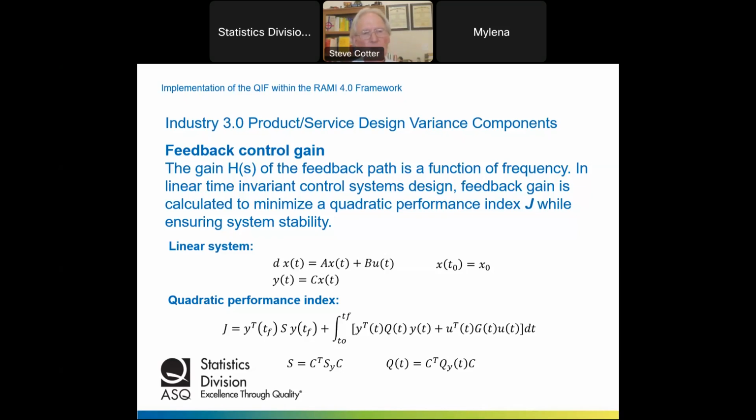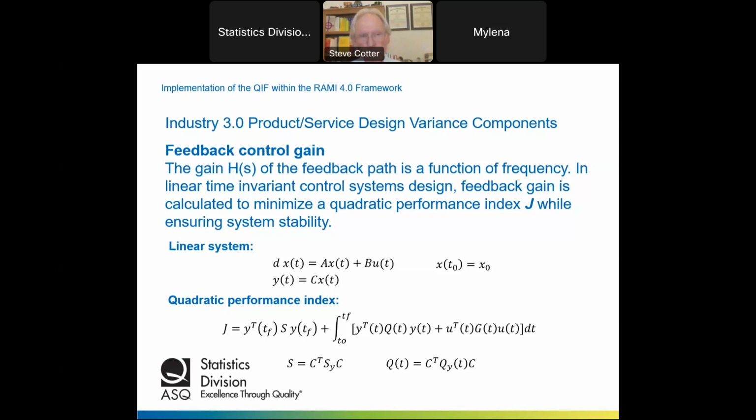Of course, S is a quadratic in C, or C transpose S C, and likewise Q(t) is the C transpose Q y C.